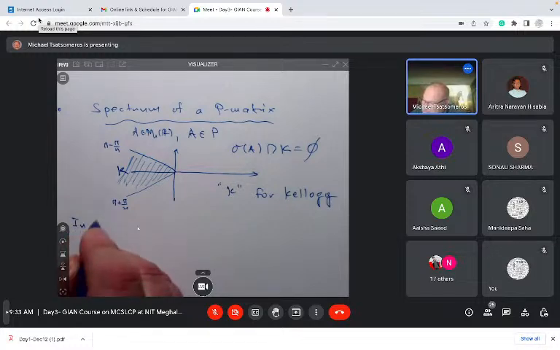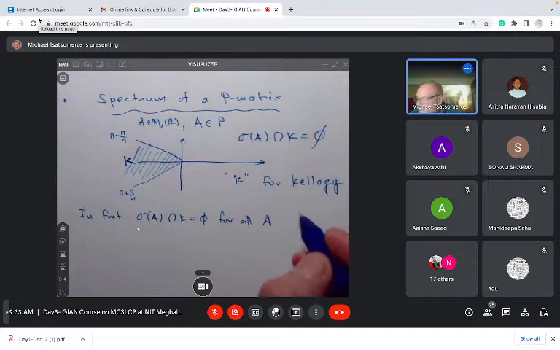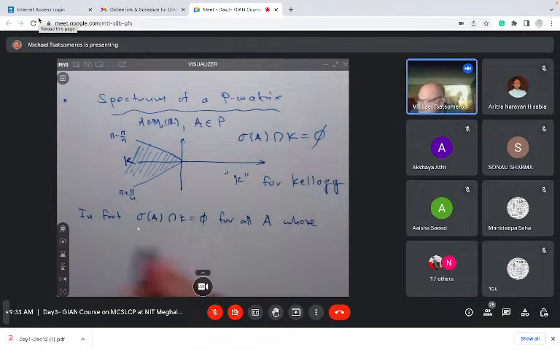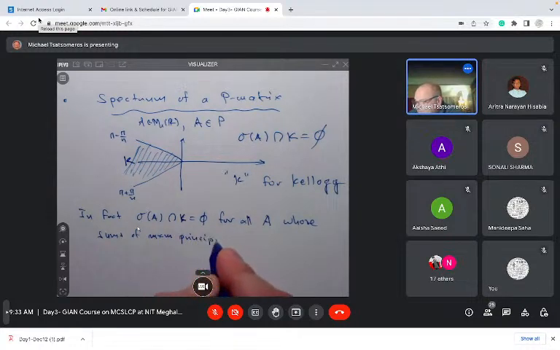In fact, the spectrum of A intersect K is empty for all A whose sums of, I don't know, I used K already, for all M by M principal minors for M equals 1, 2, up to N are positive.